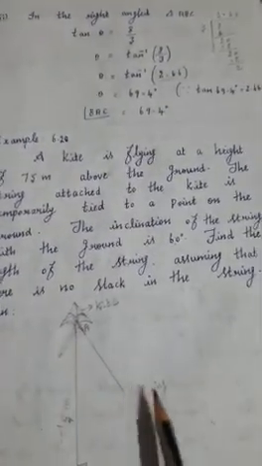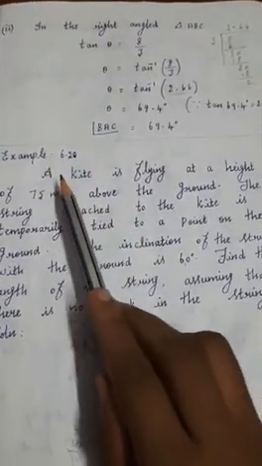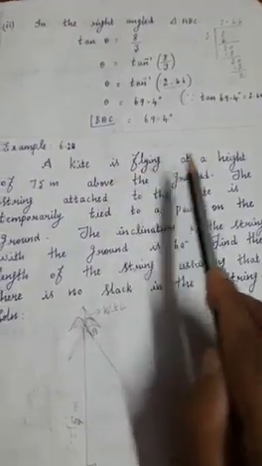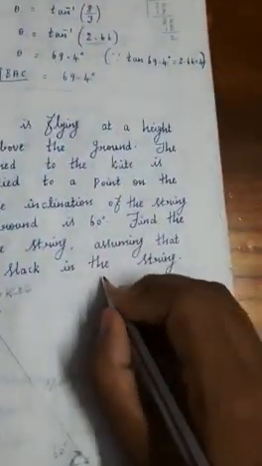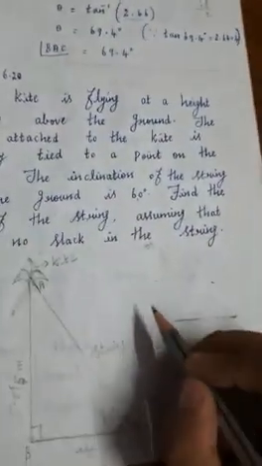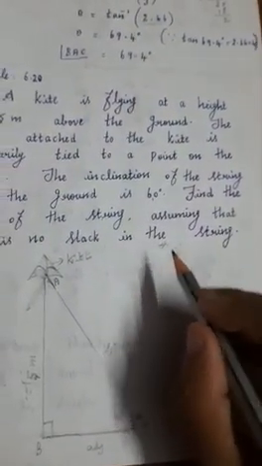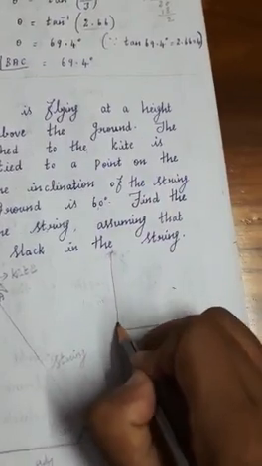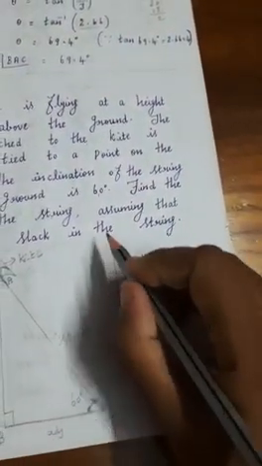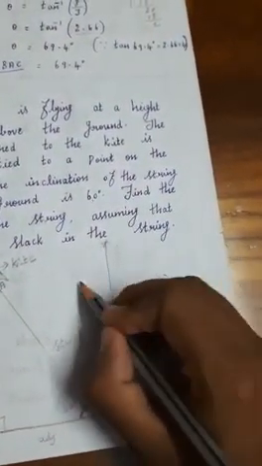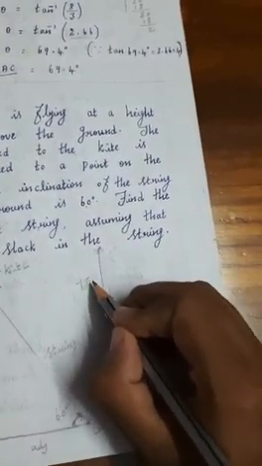Now we can see how to draw this diagram. In our question, a kite is flying at a height of 75 meter above the ground. So here this is the ground. The height of the kite above the ground, this height they have given, that is 75 meter.